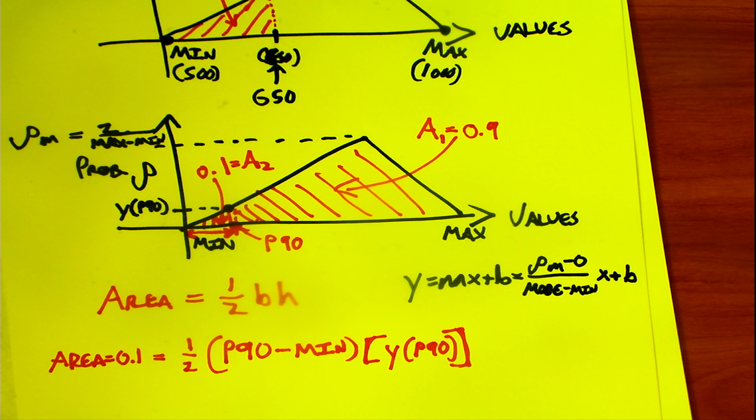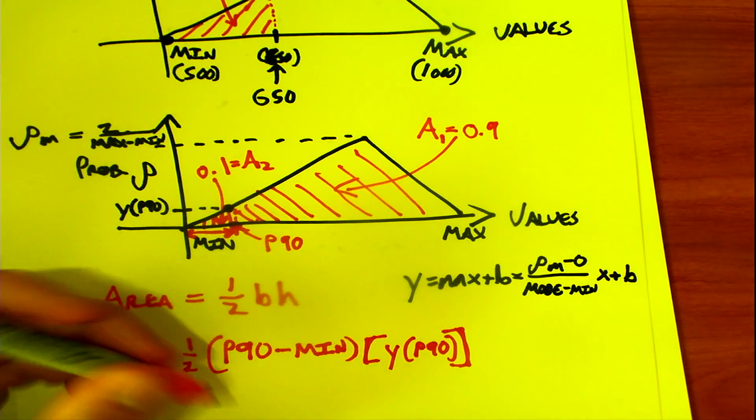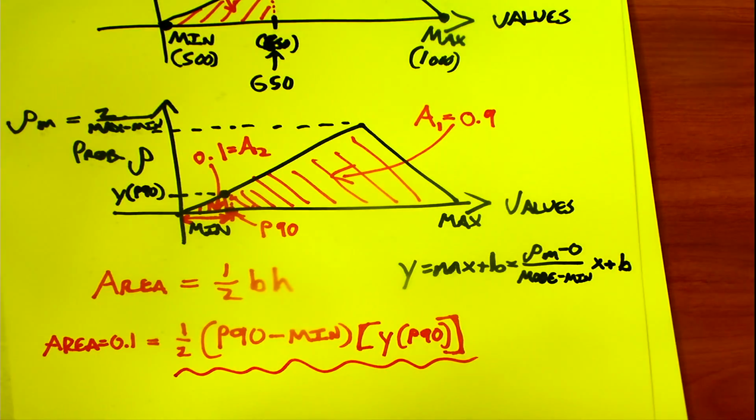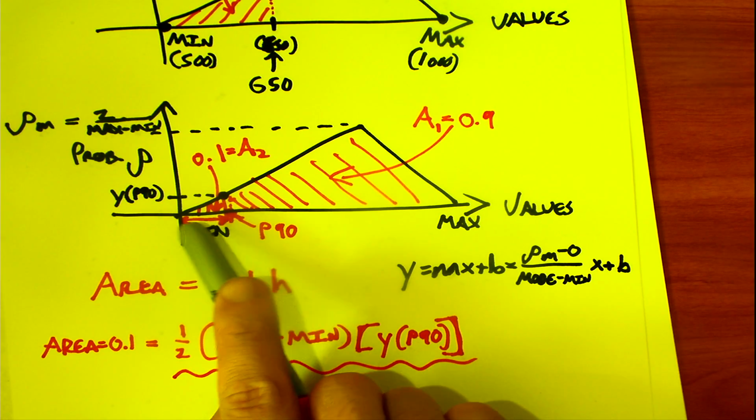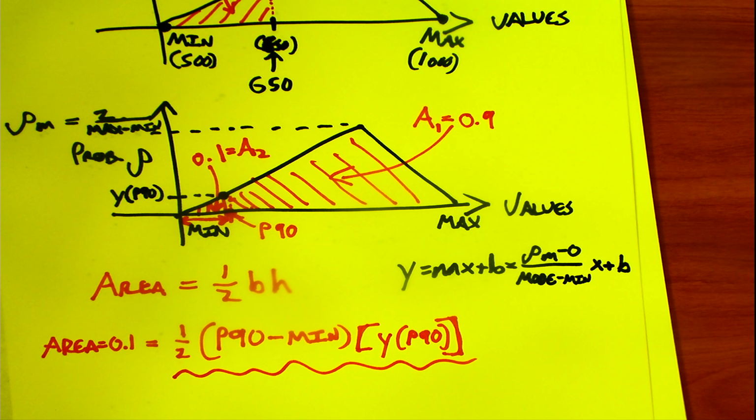Cool. Anyhow, so we have an expression for the area under the curve for that little triangle, that little wedge, because we can say that the probability of exceedance for the P90 estimate is 0.9. You might also say the probability of non-exceedance is 0.1.